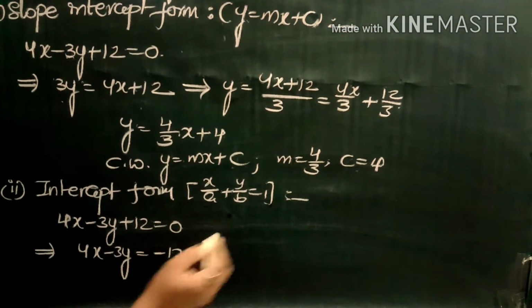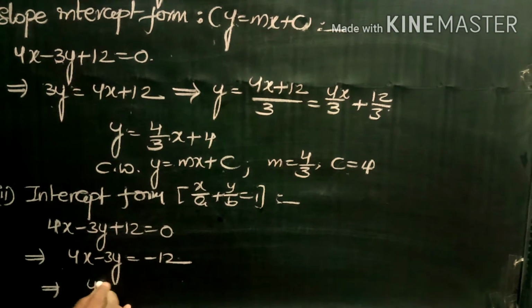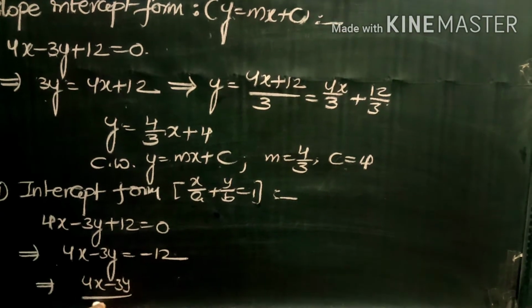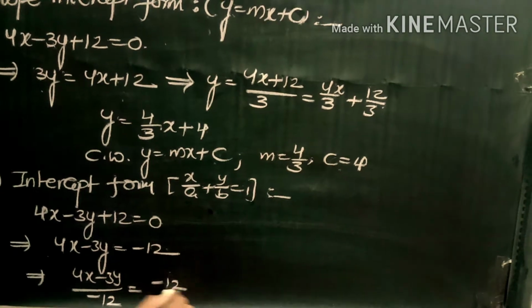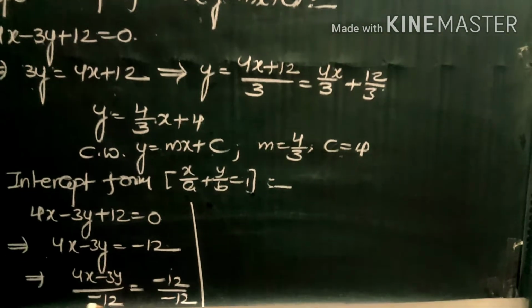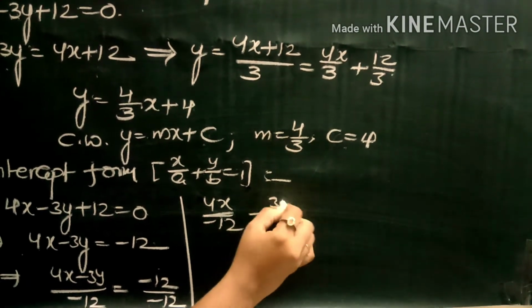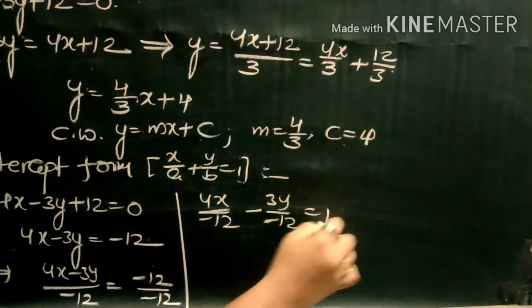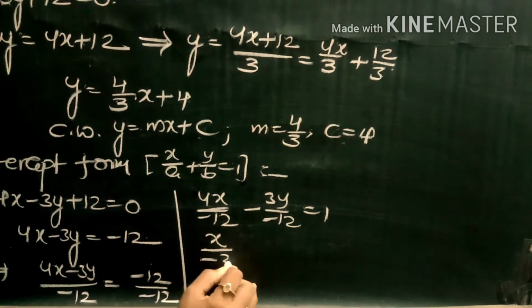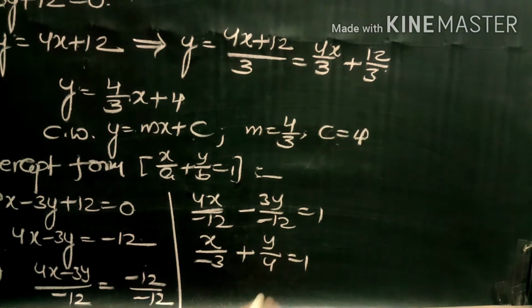Now here we want the value 1, so we are dividing this total equation by minus 12. That is 4x minus 3y by minus 12 is equal to minus 12 by minus 12. Now separating the denominator to both of the terms, 4x by minus 12 plus minus 3y by minus 12 equals 1. That is x by minus 3 plus y by 4 equal to 1.